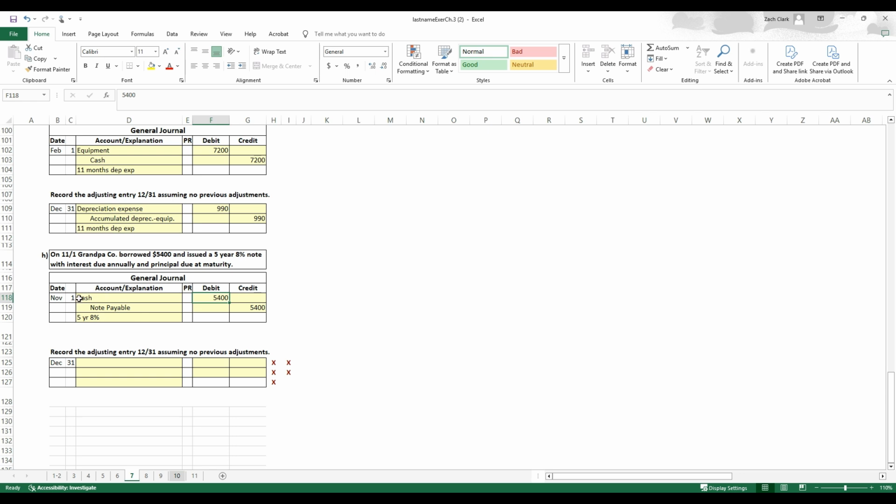And this was November 1st, so we have 2 months to record between taking this out and the end of the year. And that's going to be our interest expense and interest payable, and we'll say 2 months interest expense.